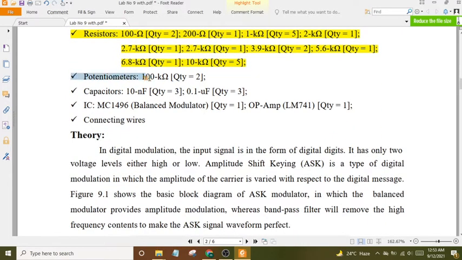Potentiometers 100K ohm quantity 2. Capacitors 10 nF quantity 3, 0.1 uF quantity 3. IC MC1496 balanced modulator, quantity 1. Op-amp LM741, quantity 1, and connecting wires.